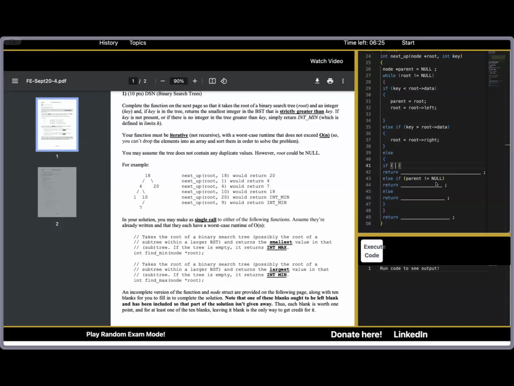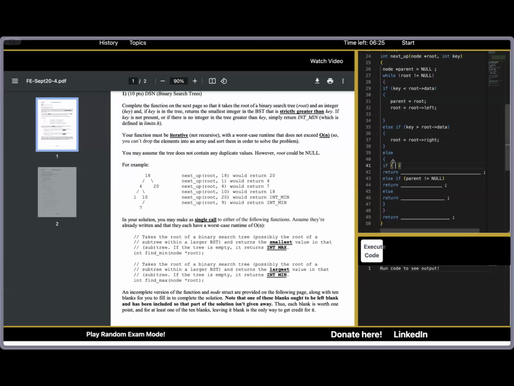Kinda. If it's not greater than it, not less, it has to be equal.